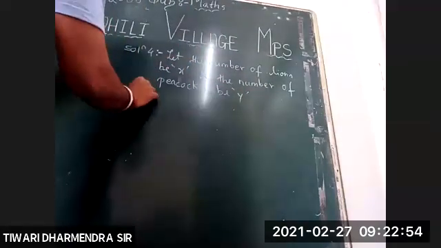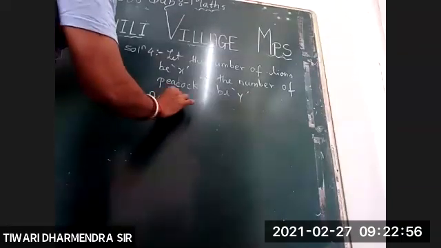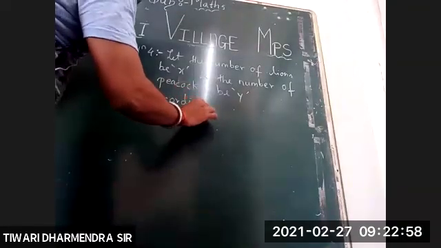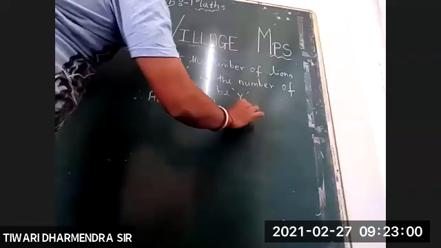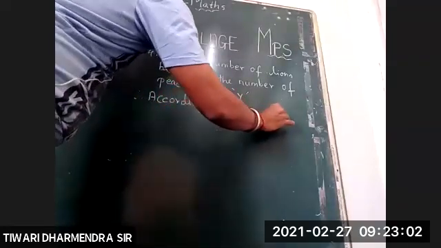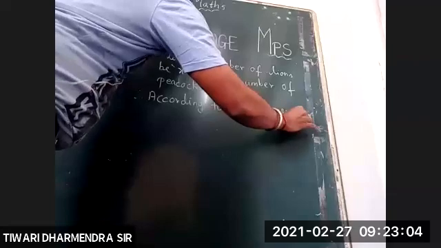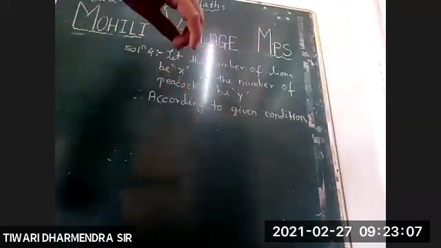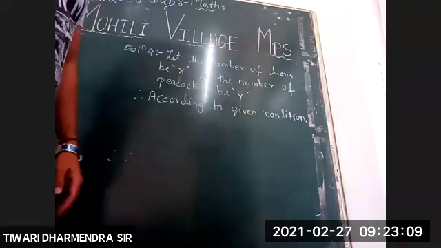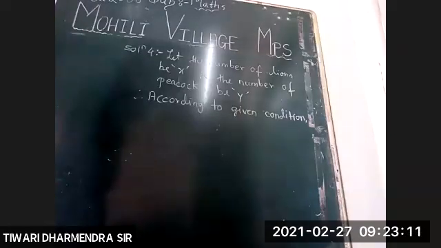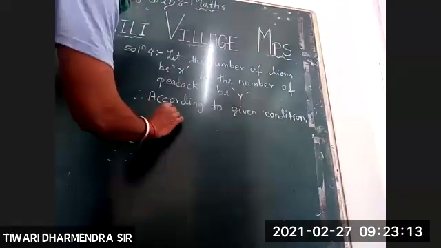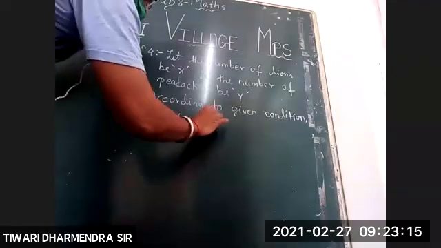So according to the given condition, the total number of lions and peacocks in a certain zoo is 50. So X plus Y is equal to 50.